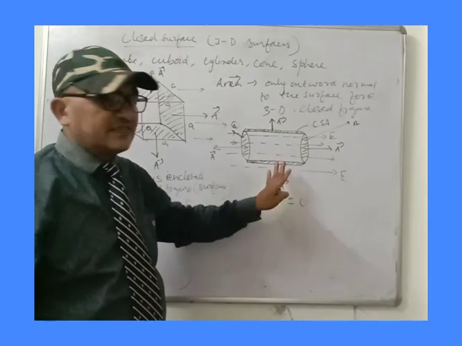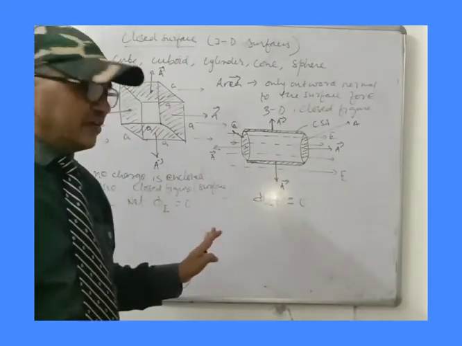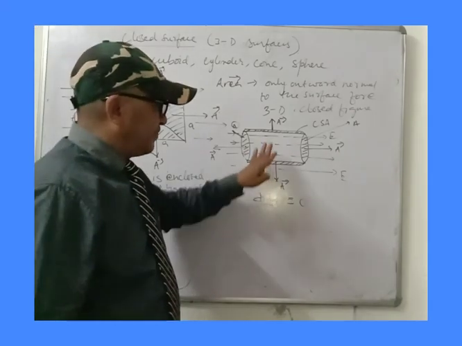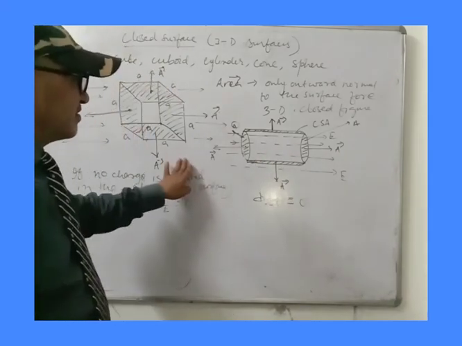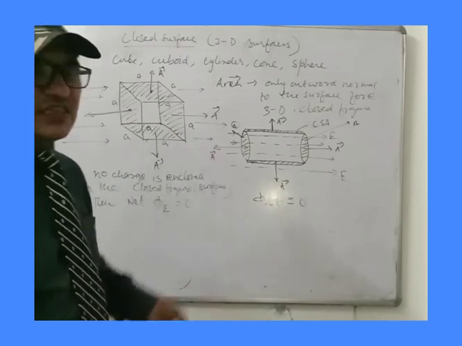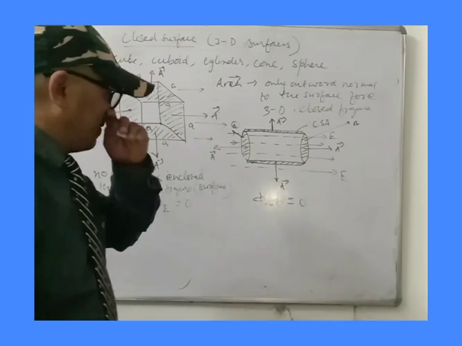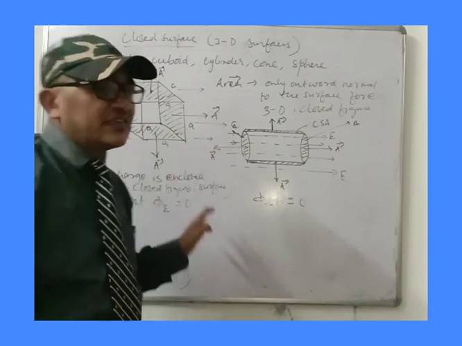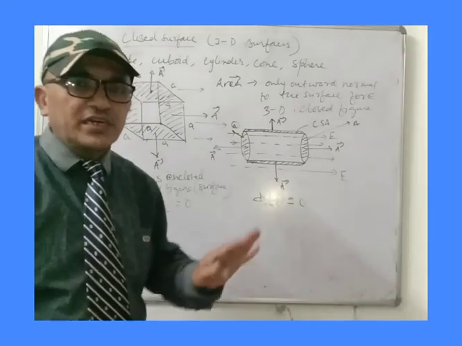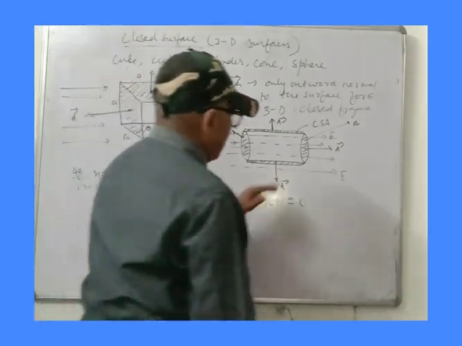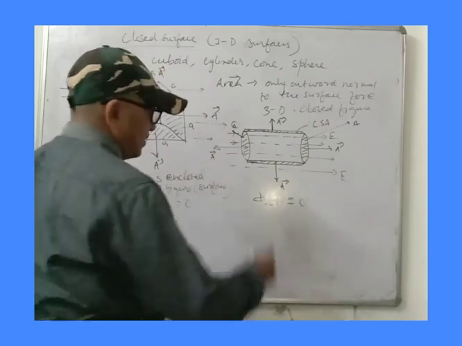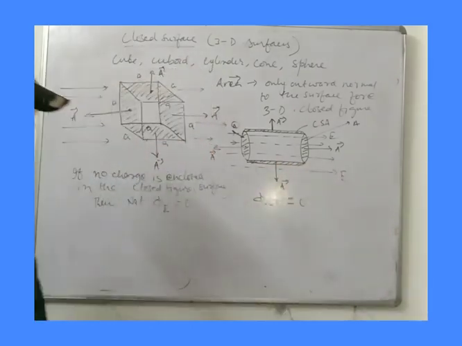Regarding this, we will do the numericals. If not possible in this lecture, obviously in the next lecture there will be numericals, because we have to understand the things first. We can't do it very quickly. Okay, 0. One more closed surface.